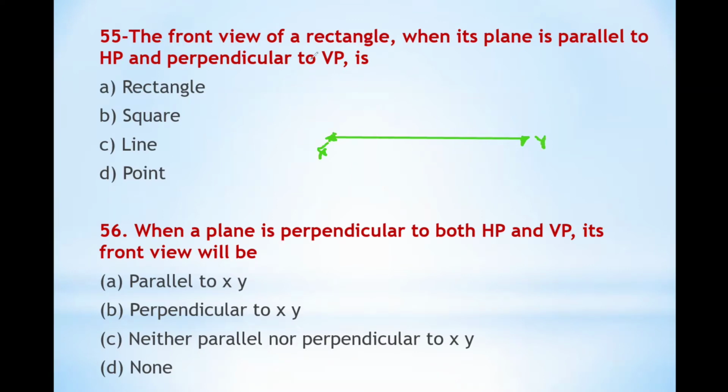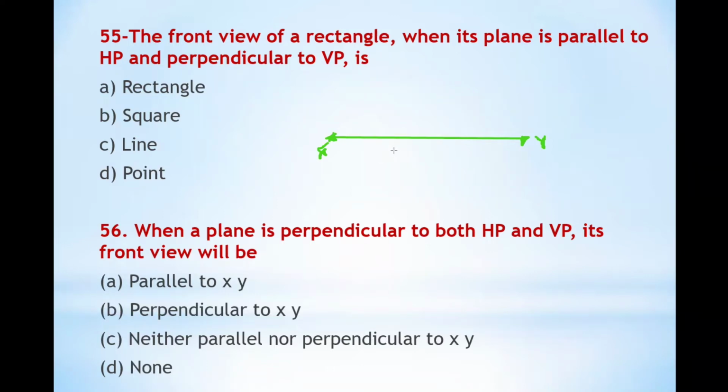Let us see how its front view and top view will be. If the plane is parallel to the HP, then we'll get its true shape, a rectangular plane, in the top view.